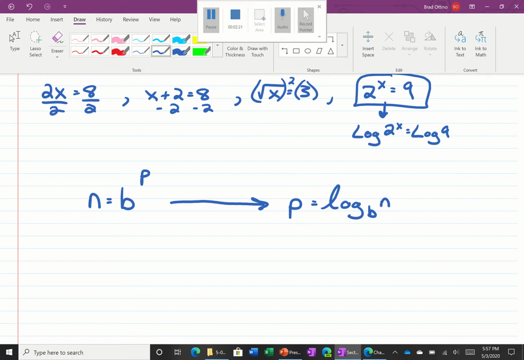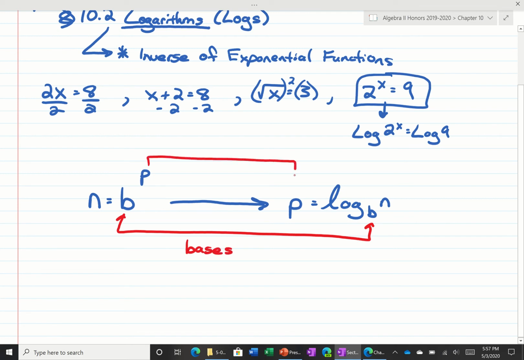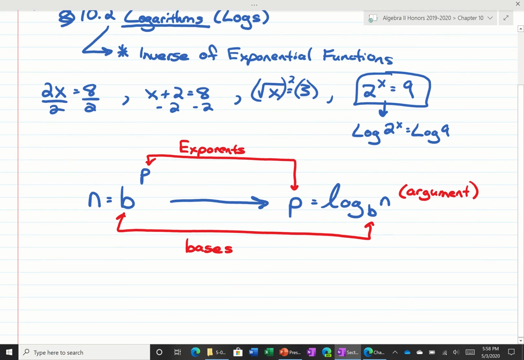So let me write down what I told you before. b represents the base, p represents the exponent, and n is something called the argument. Okay, so what you're taking the log of is called the argument.